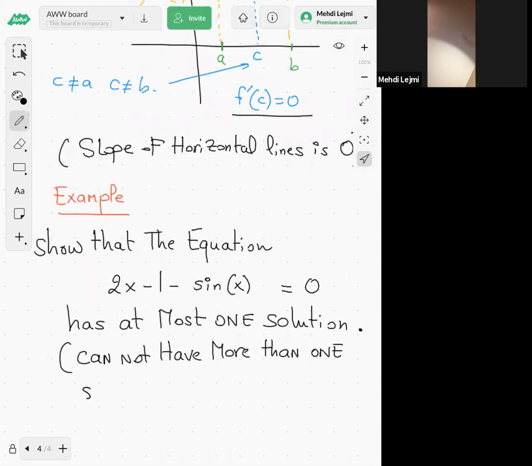Again, at most one solution means either no solution or one solution. It cannot be more than one.